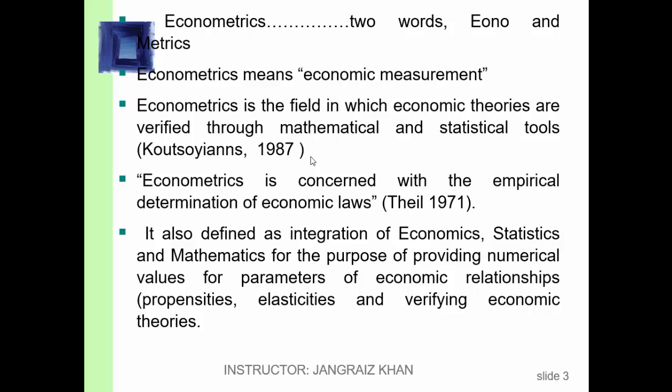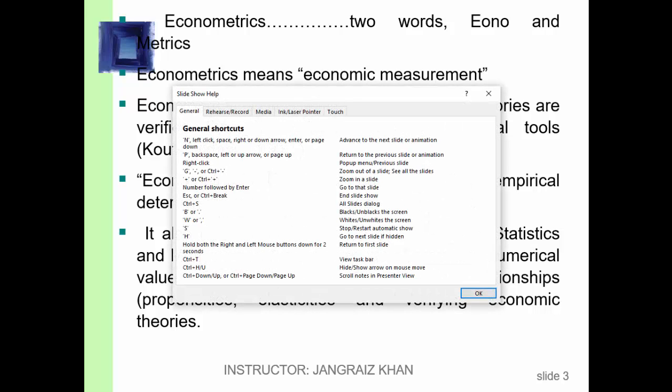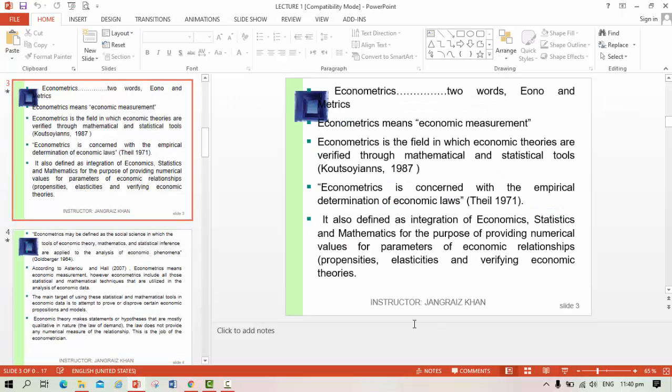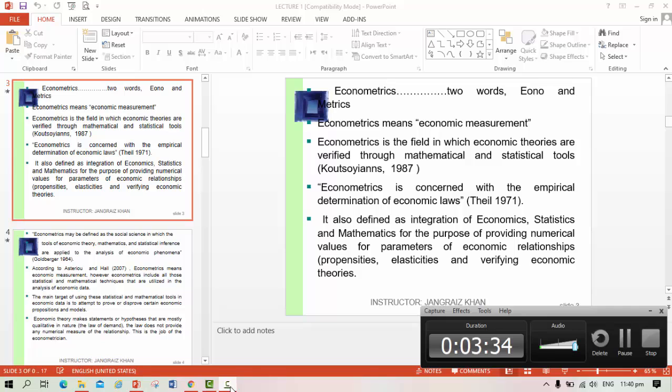It is also defined as integration of economics, statistics, and mathematics for the purpose of providing numerical values for parameters of economic relationships, propensities, elasticities, and verifying economic theories. This means that in econometrics we make use of statistics, economics, and mathematics in order to verify the economic theories.